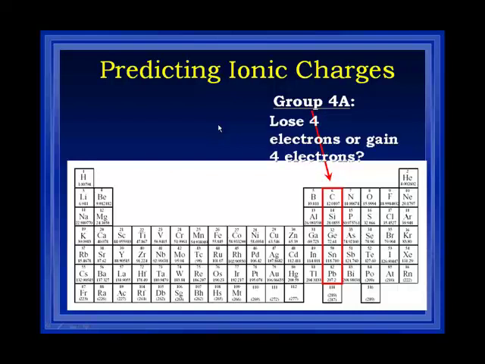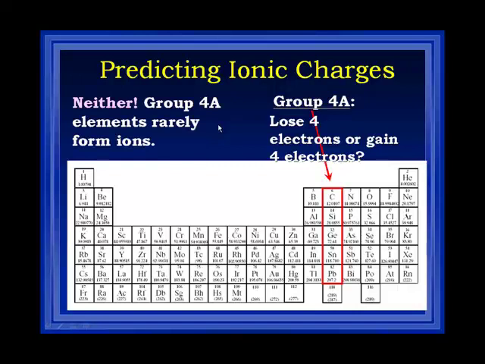Your group 4A ions, do they lose electrons or gain 4 electrons? Well, they tend not to form ions, and we're going to get into those later in this section and also in the next. They tend to do 2 different things, and so we have to accommodate them for that.